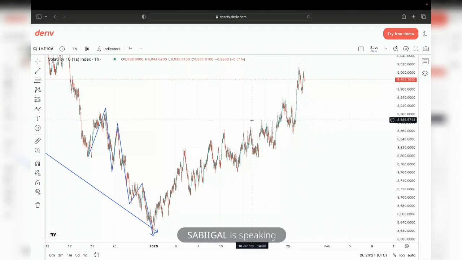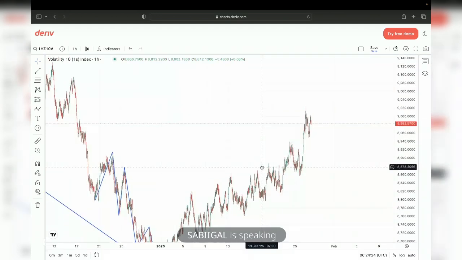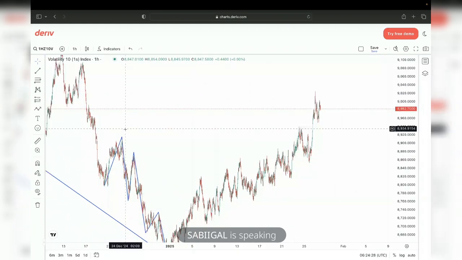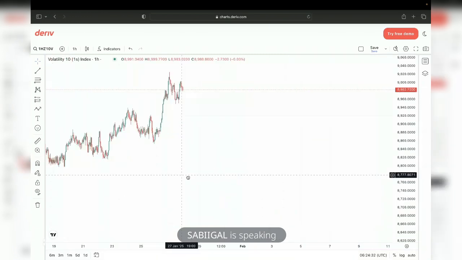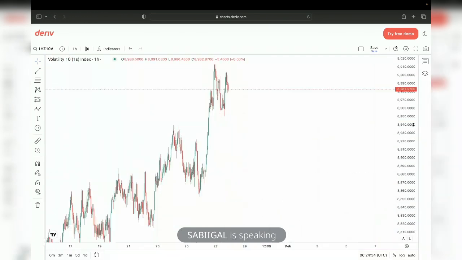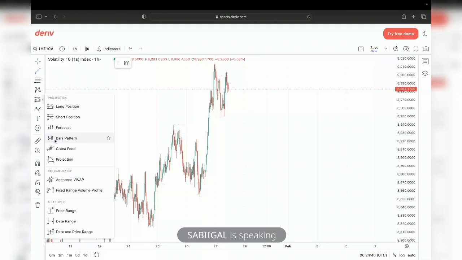So I think there's a bullish, a bearish disruption, obviously, and then we expect buys. So now in this scenario, so many people will want to buy from here. Why?